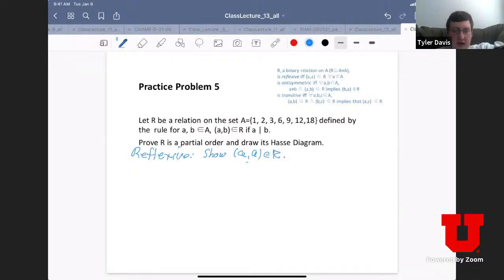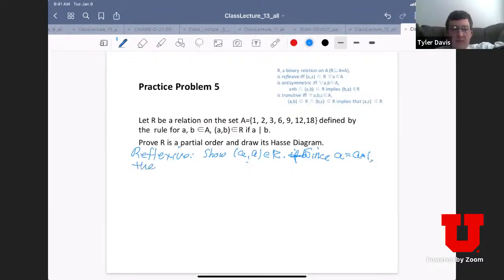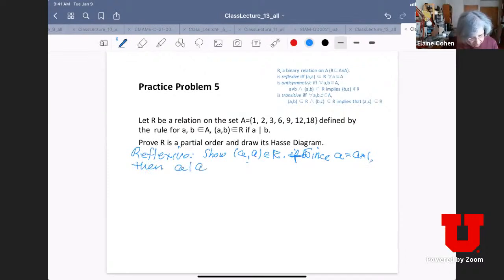So if B equals A, if it exists in the relation, it'll be A divides A. And that's a true statement, so (A, A) exists in R. Since A is equal to A times 1, then A divides A. So (A, A) is in R. Very good. And this is the way you want to say it, right? Good. All right.